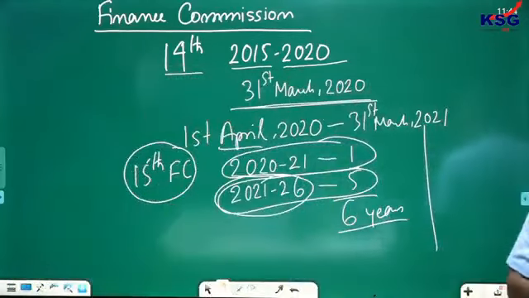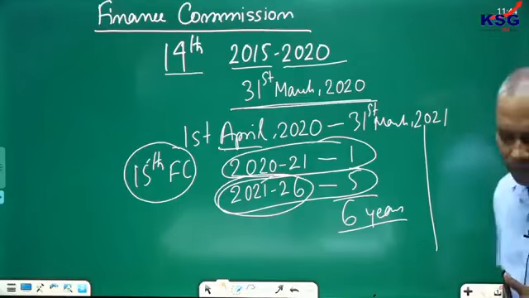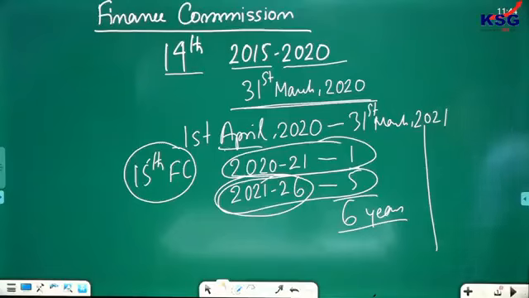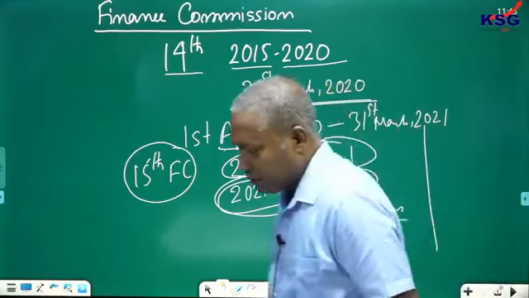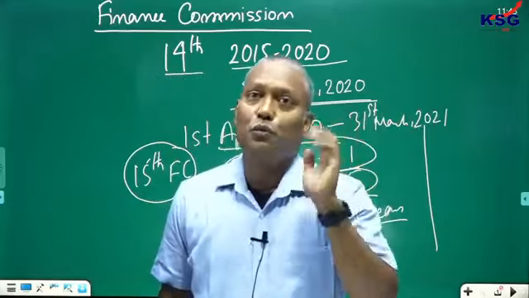Clear? Okay, change the para. You write: the share of states in the central taxes for the 2021-26 period is 41%, is recommended, which was same for 2020-21.